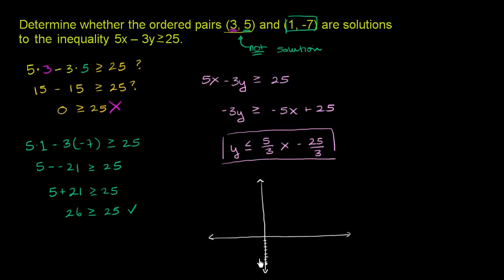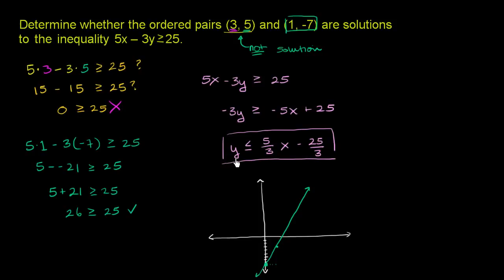It has a slope of 5/3, so for every 3 it goes to the right, it rises 5. The line is going to look something like this. That's if it was y equals 5/3 x minus 25 over 3.